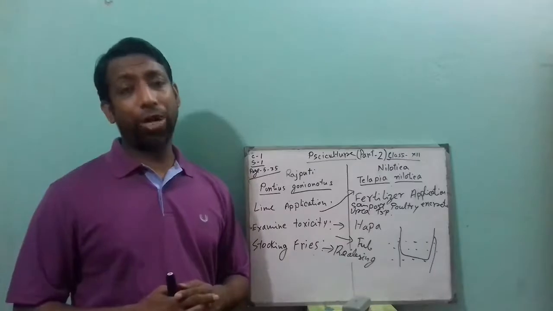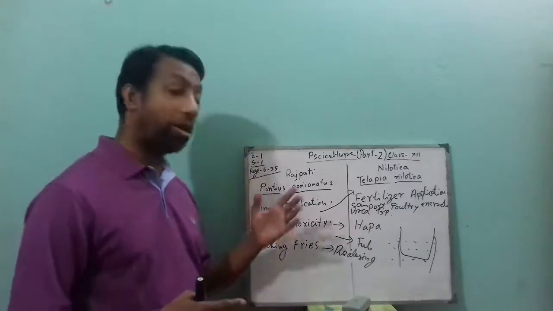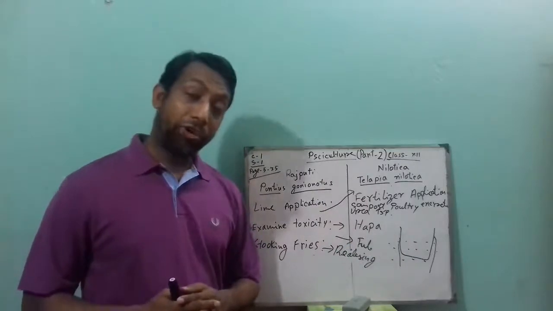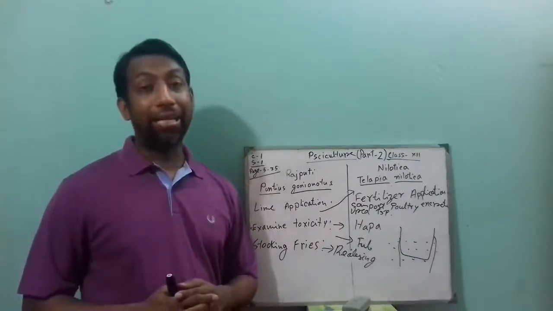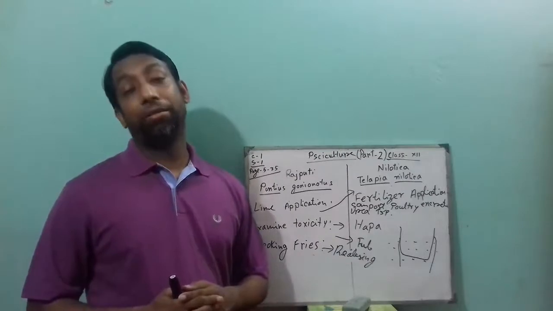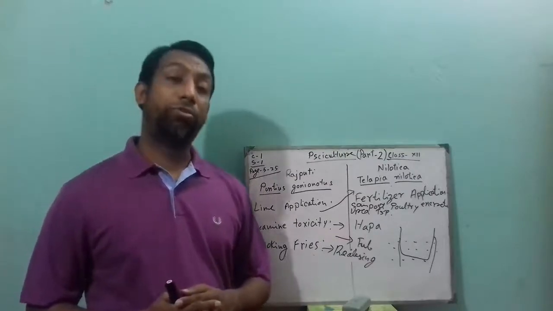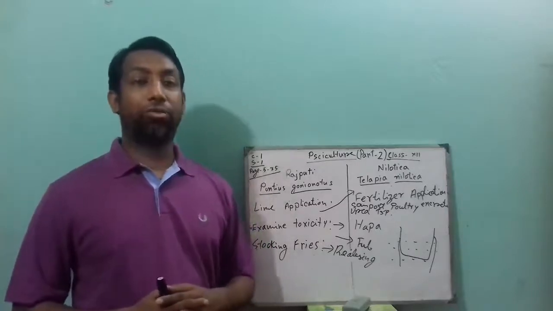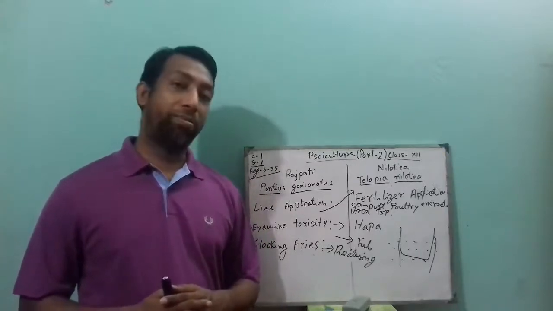This is the basic way of releasing fries in the pond. If you are not doing that, it will be a big loss for you. You may see that after 1 or 2 days the fries will die.